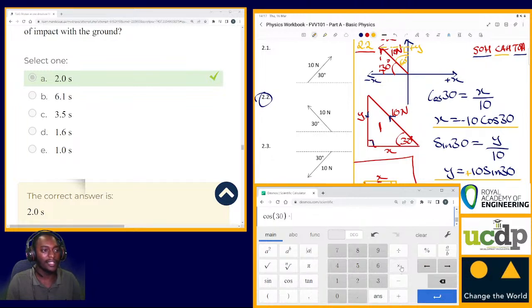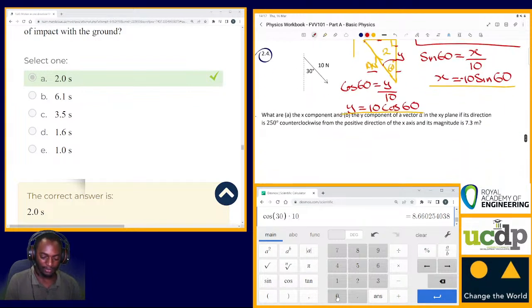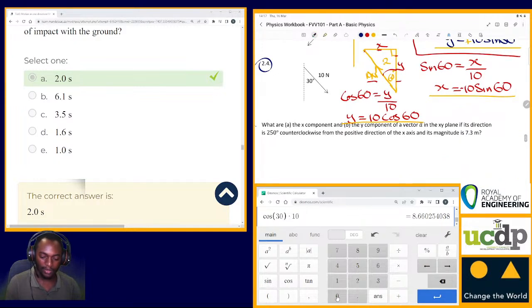Times 10, we get 8.66, which means our answer there is negative 8.7 newtons. Is that 10 cos 30? Yes. Then let's look at this one: 10 sine 60. Wow, 8.66 again. So this is negative 8.7 newtons.